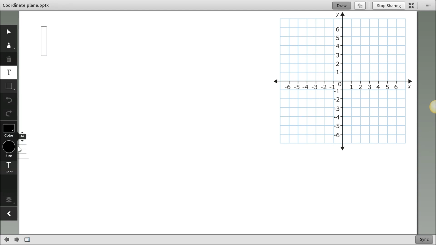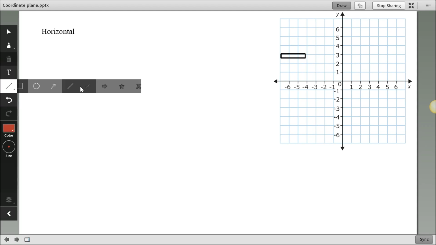Let me change the size here. All right, so horizontal lines. First of all, what does a horizontal line look like? Well, a horizontal line, and let's use the line tool here. I think I already got it attached. A horizontal line looks like this.